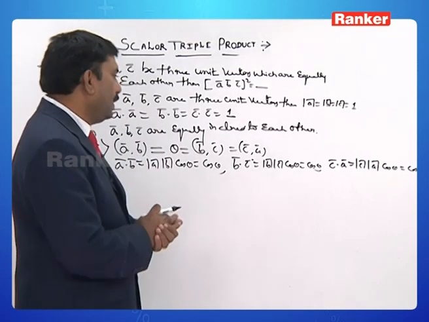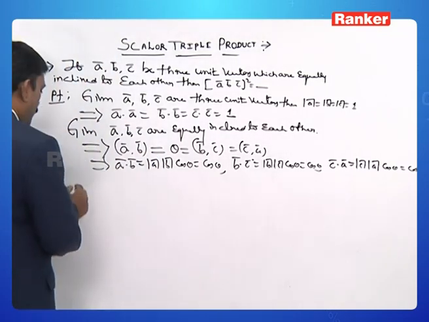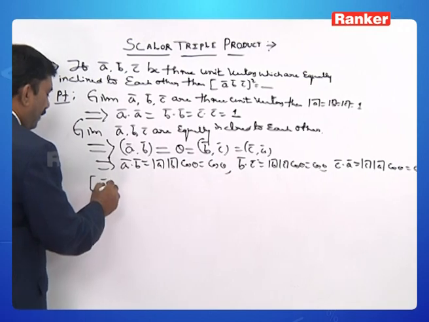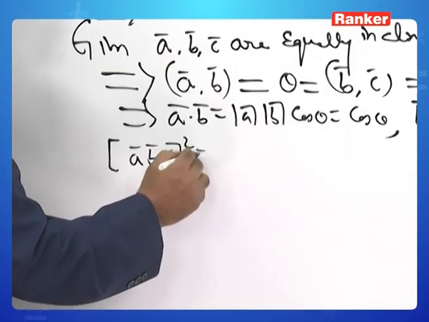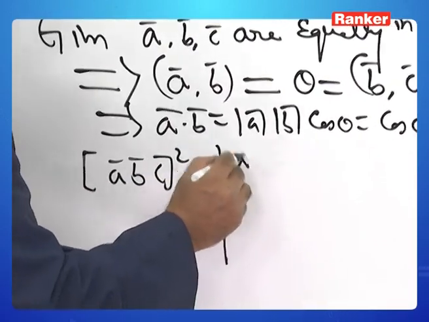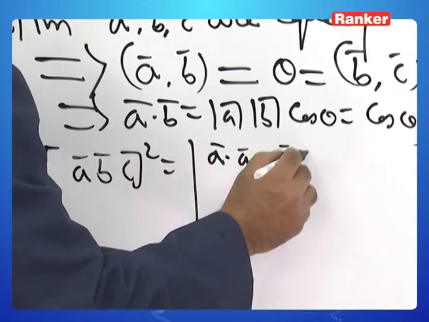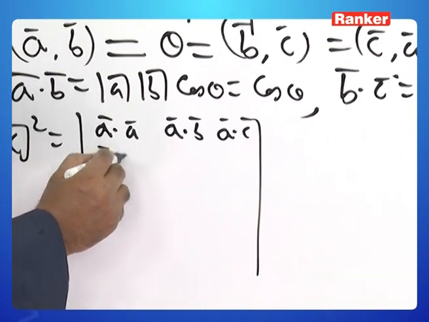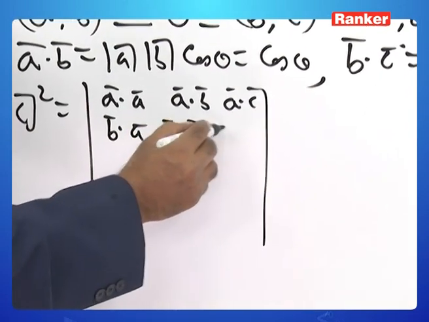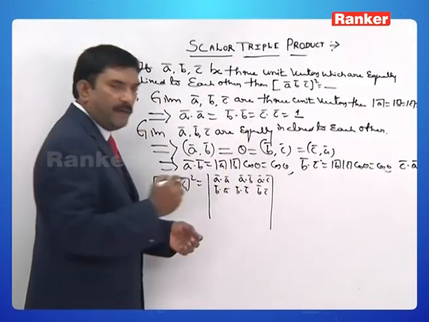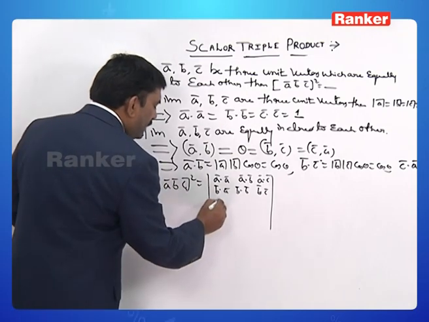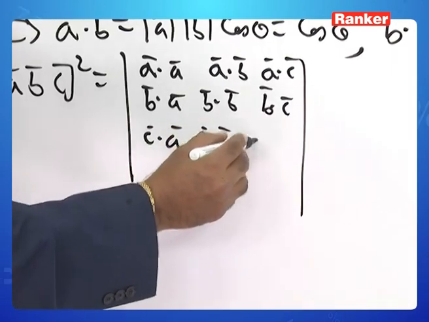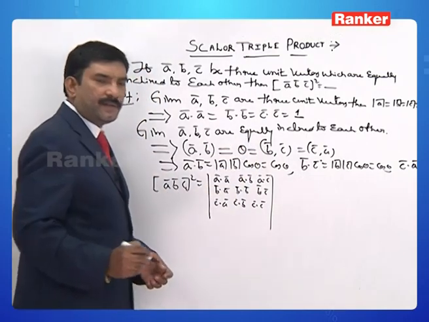Followed? Now with this, box of A, B, C, as you know already, is the determinant of A dot A, A dot B, A dot C, B dot A, B dot B, B dot C, C dot A, C dot B, C dot C.